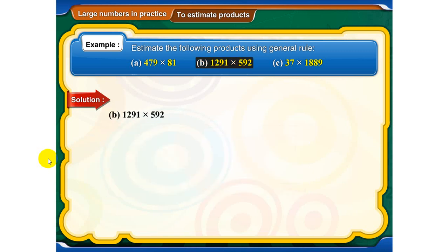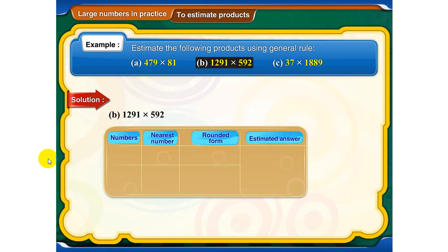B. 1291 into 592. 1291 is rounded off to 1300, that is rounding off to hundreds, and 592 is rounded off to 600, that is rounding off to hundreds. The estimated product of 1300 and 600 is 7,80,000.